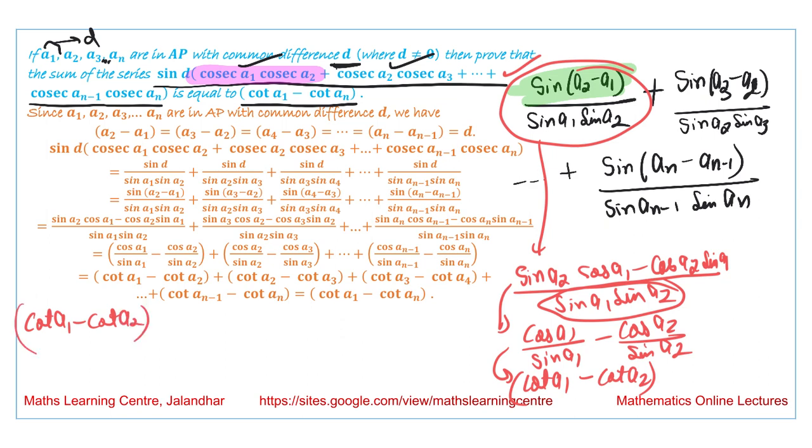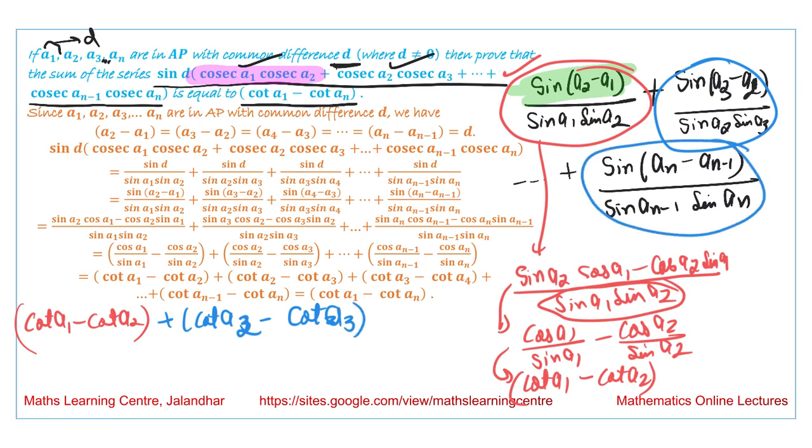Corresponding to this second term, we will have cot a2 minus cot a3, and corresponding to the nth term, we will have, and so on up to, cot an minus 1 minus cot an.